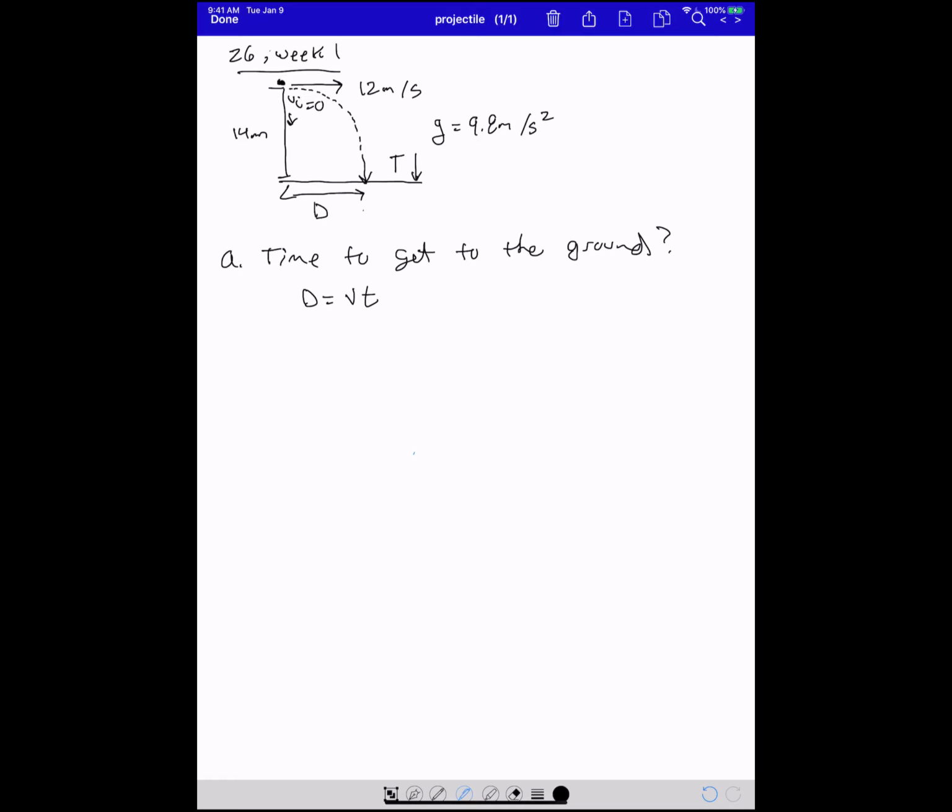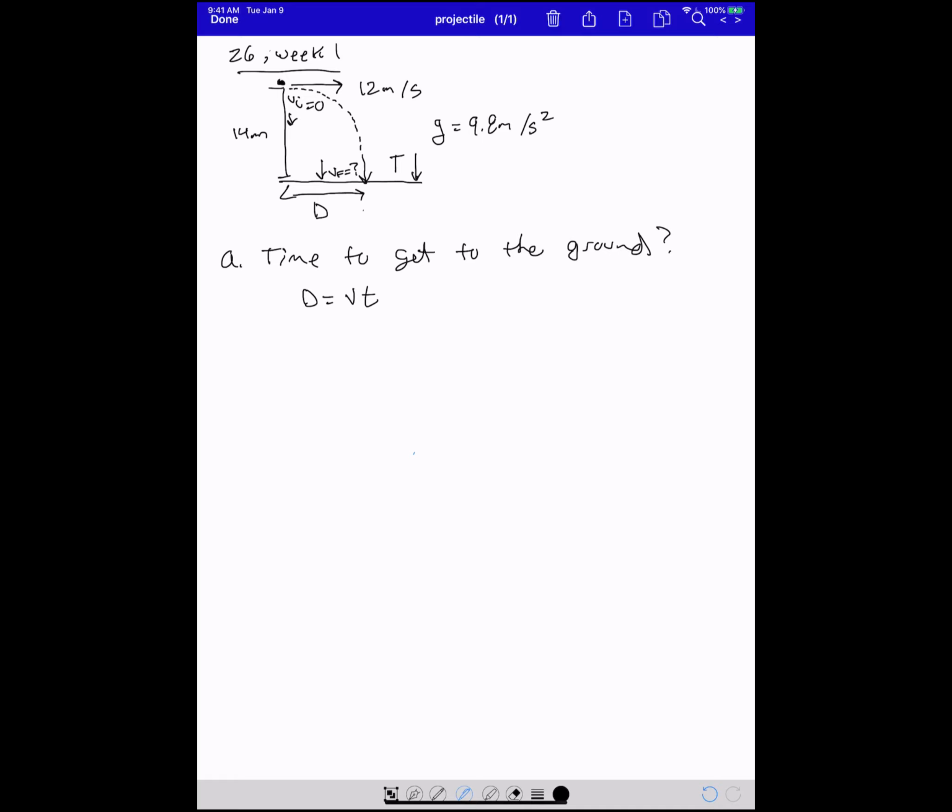It starts off at rest, then the ball is thrown, then it starts to fall toward the earth at 9.8 meters per second squared. What we really need to know is what that final velocity is. The vertical final velocity, that's what we need. And once we know that, then we're going to be able to solve this problem for time.